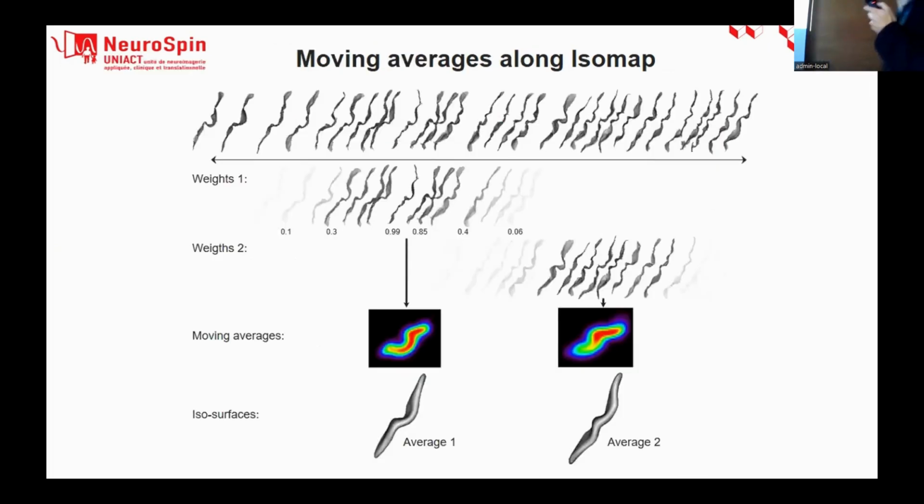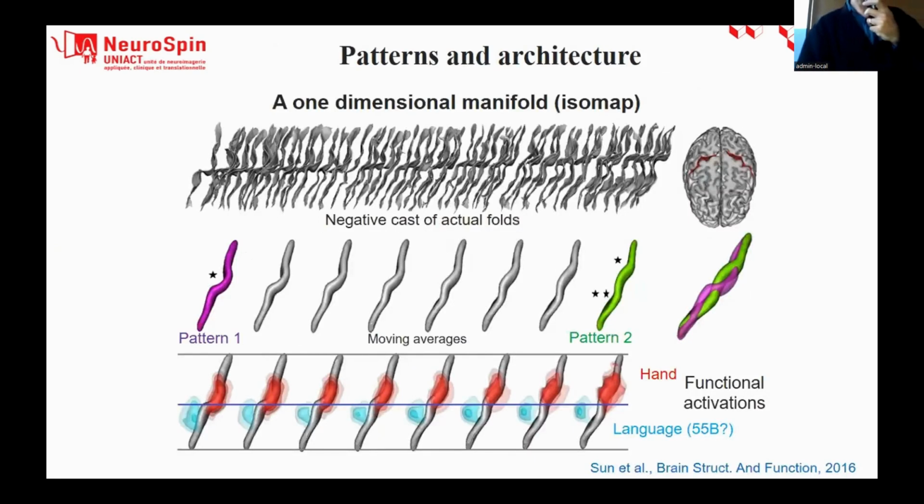And to understand this organization better, we call that an isomap. You can compute moving average at different places along the axis, and you get an average sulcus. And you see that on the left, you get central sulcus with one knob, and on the right, central sulci with two knobs. And if you do fMRI analysis for population with the different patterns, you realize that with standard motor activations, the hand area is moving up with the knob that I was describing before.